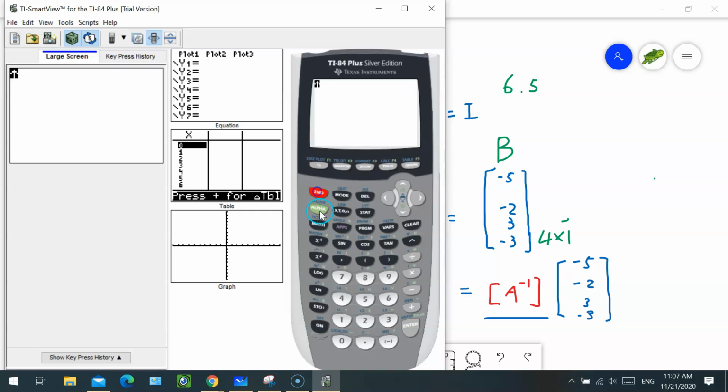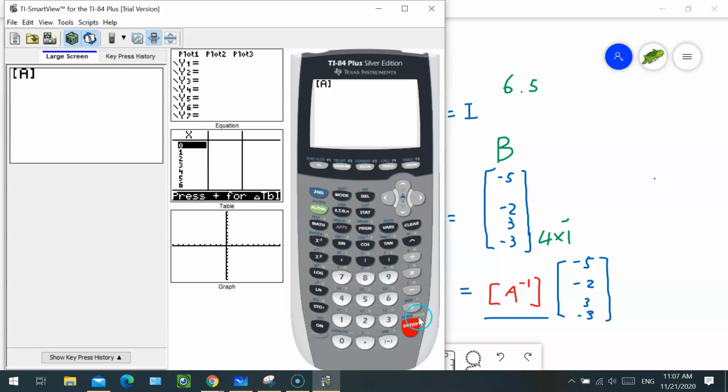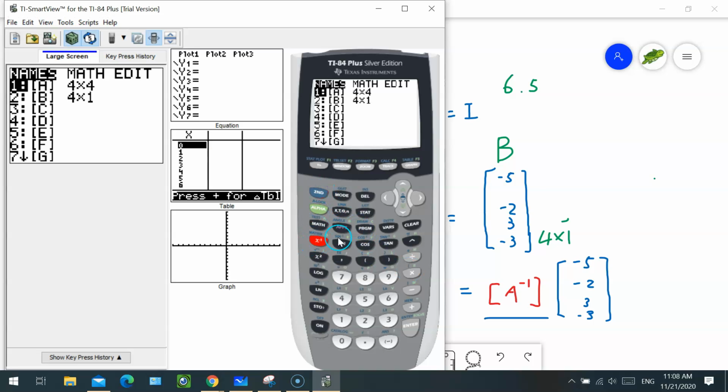Now you click on second matrix. Pull out your matrix A. The inverse key is right here. It's under the matrix key. So click on inverse. Then multiply by the matrix B. So click on second matrix.